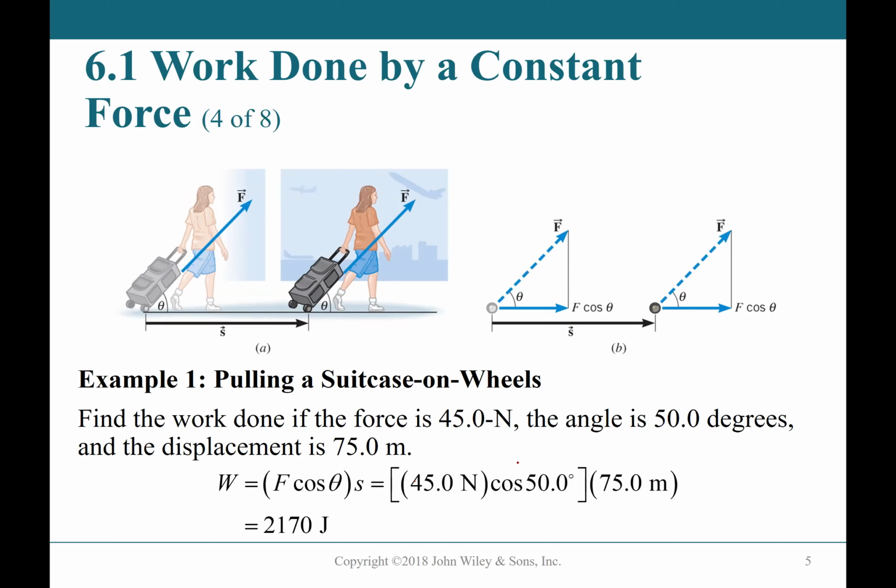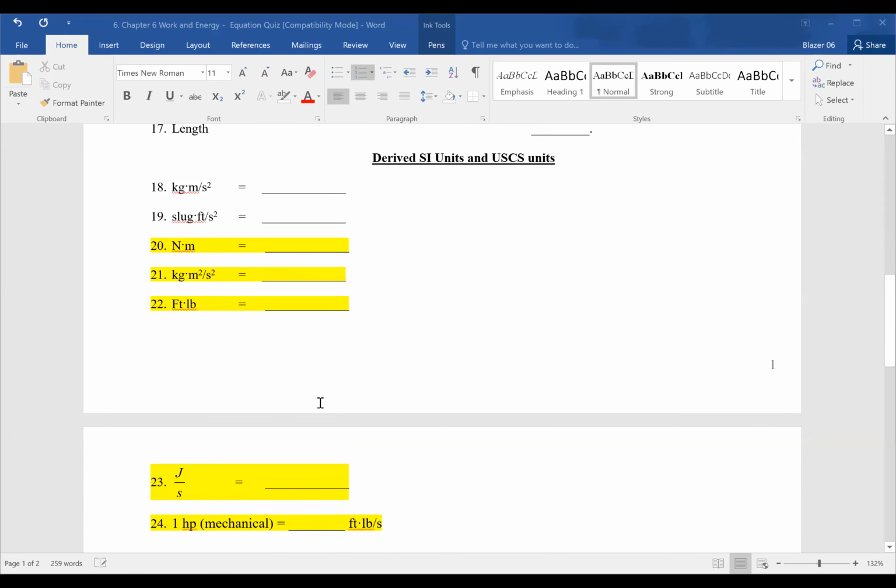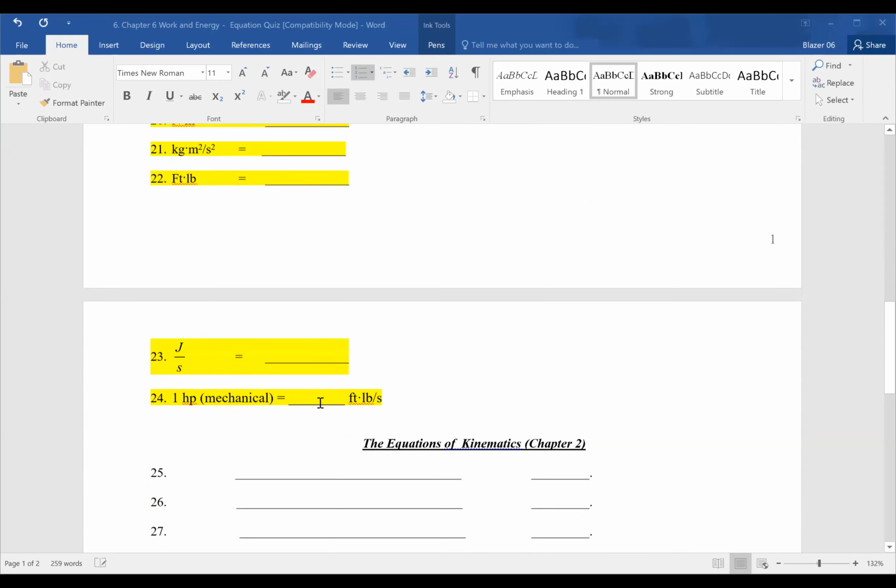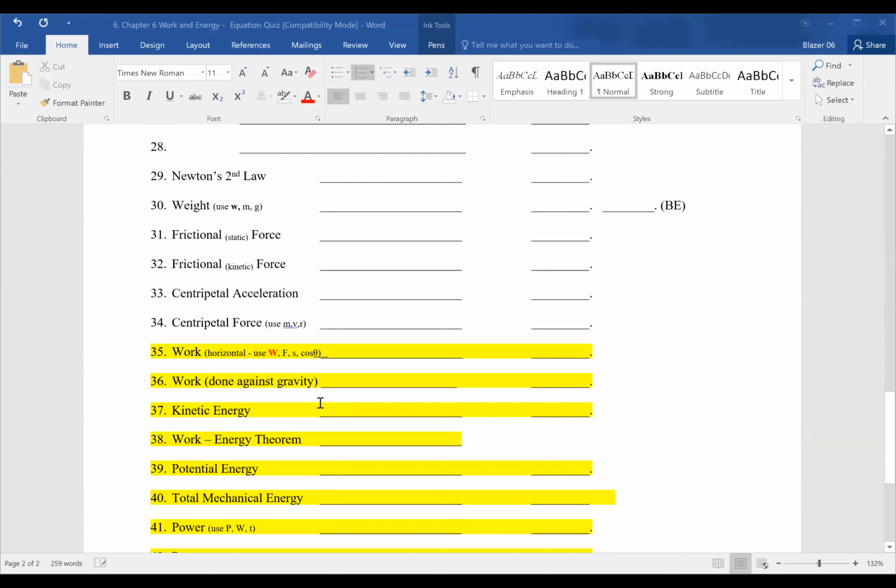So therefore, you want to know this equation. Let's go back to our equation sheet. Okay, so here we have our new equations.